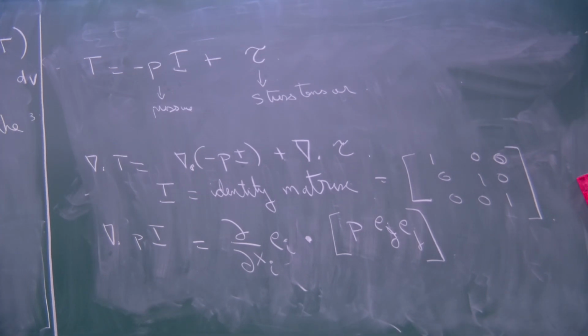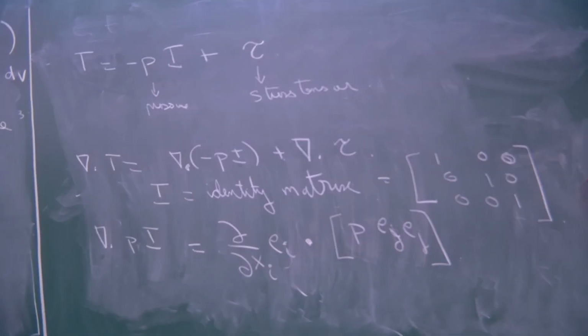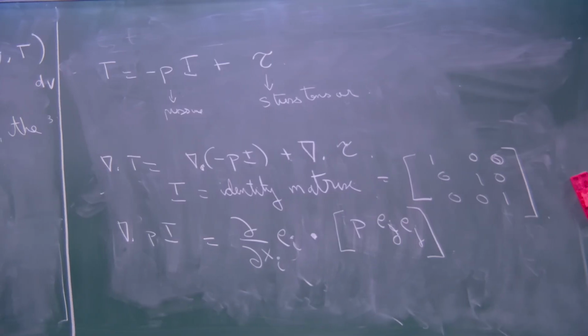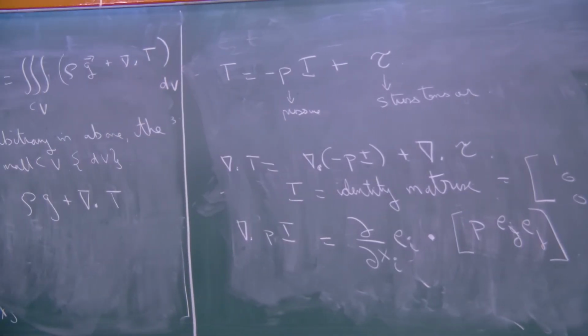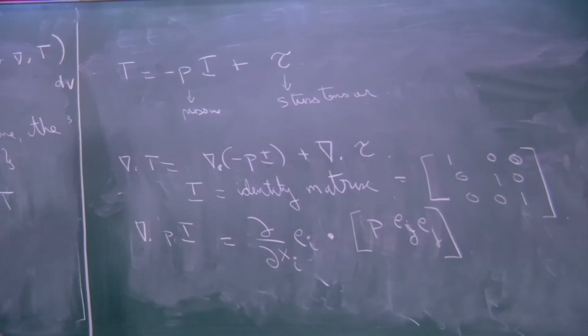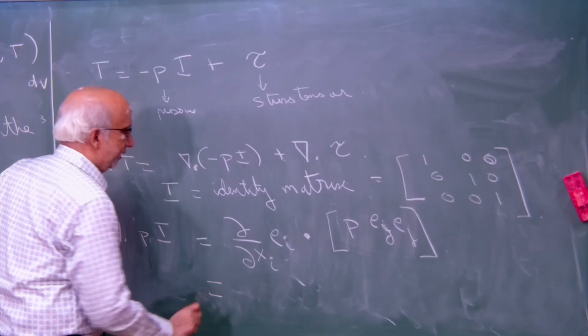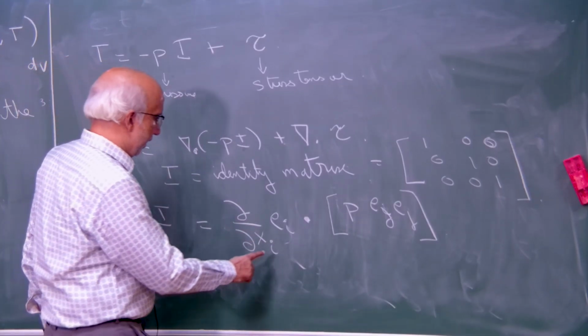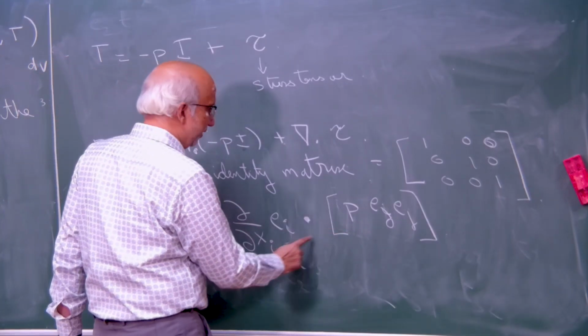So, I am not going to write Ei Ej, because for i not equal to j, the elements are 0. So, what does this simplify to? When I take the dot product, i must be equal to j.